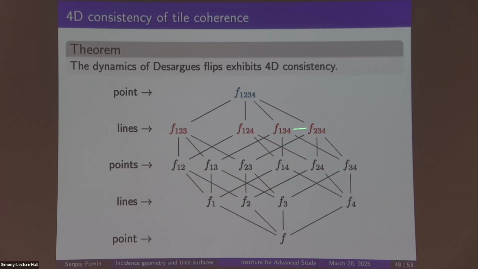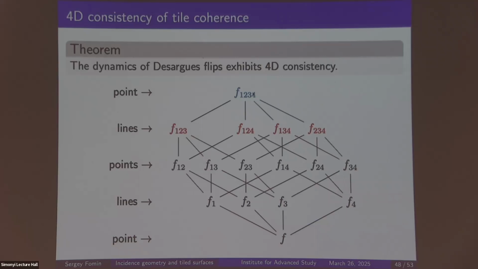Okay, and then you ask, does there exist a point upstairs such that all the six quadrilaterals incident to it are coherent? Because you can choose any two guys here, right? And maybe that's too much to ask, because these are six conditions that we impose. But amazingly, the answer is yes.